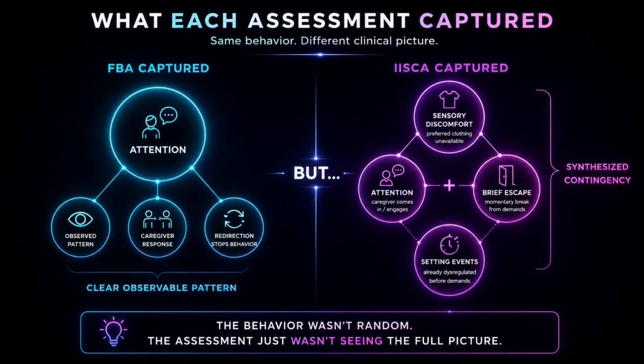Certain fabrics bothered him, and she knew this, and usually was able to work around it. But it didn't always happen consistently enough for anyone to connect it to his behavior. That sensory discomfort had been a setting event the whole time, making him more reactive before a single demand was ever placed. The second was how the episodes ended.